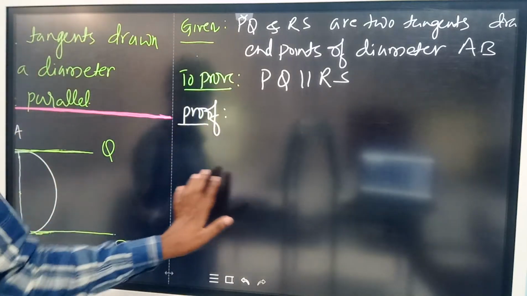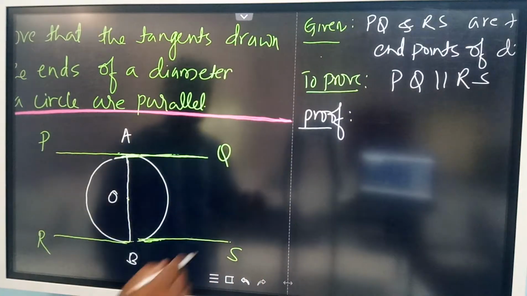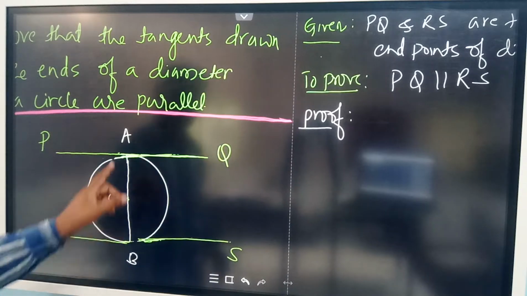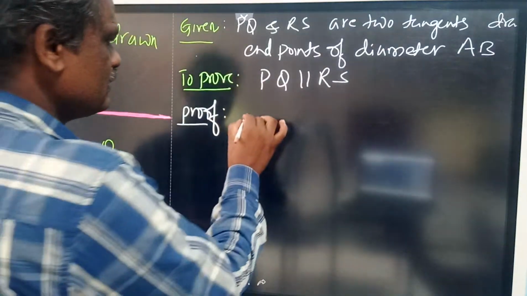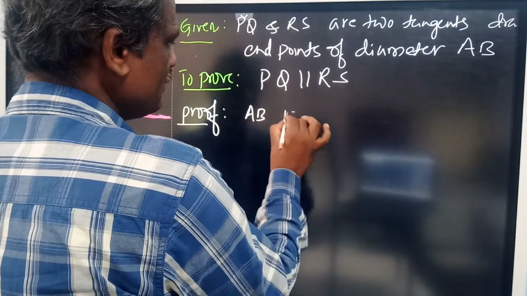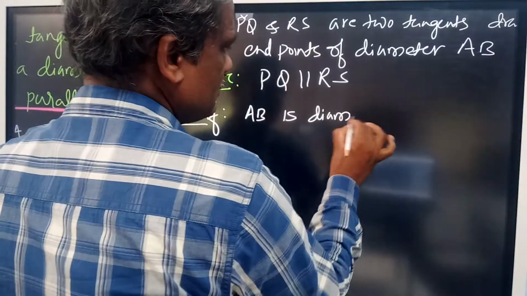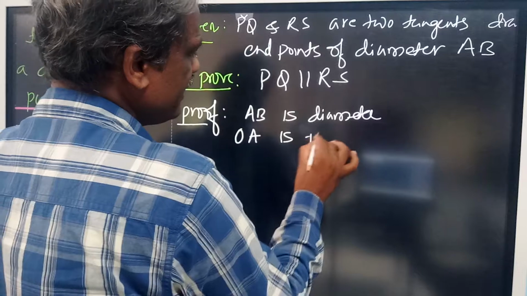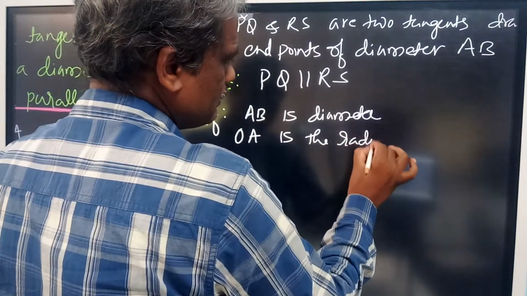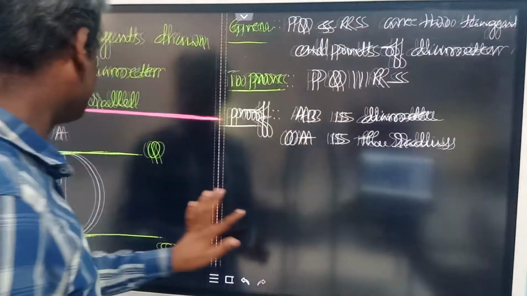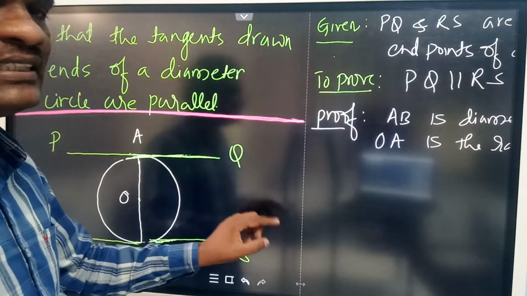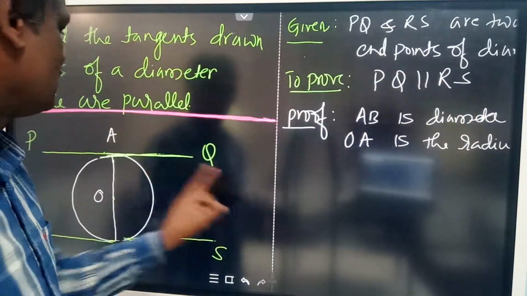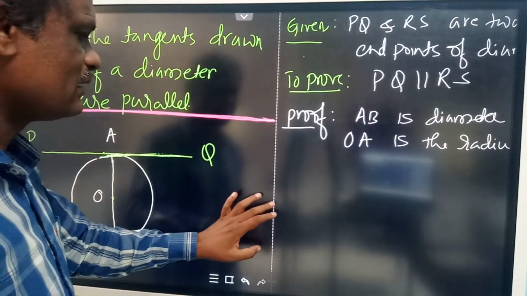Now since AB is the diameter, OA must be radius. As AB is diameter, that means OA is the radius, and OA is radius means PQ is the tangent drawn at the point of contact.